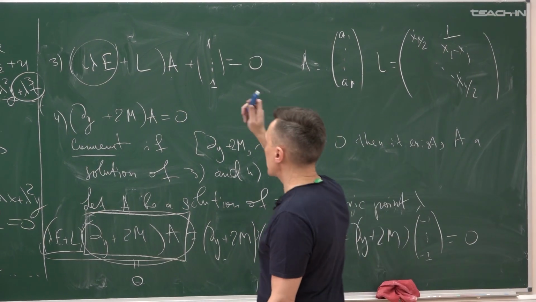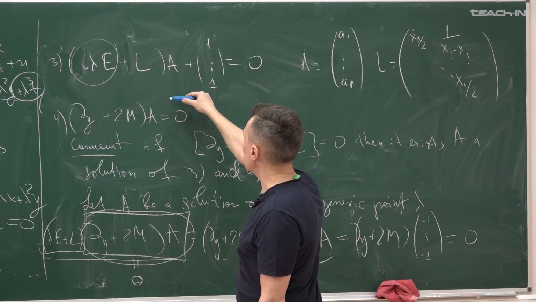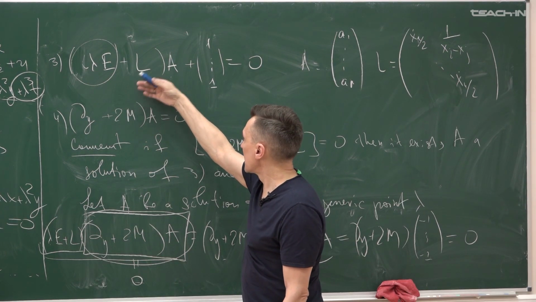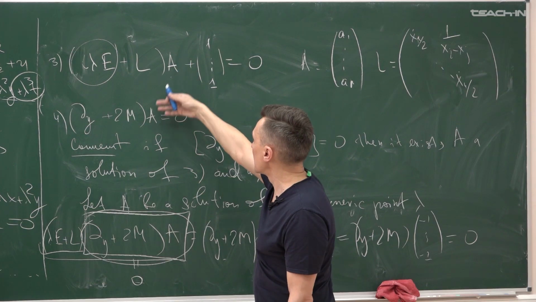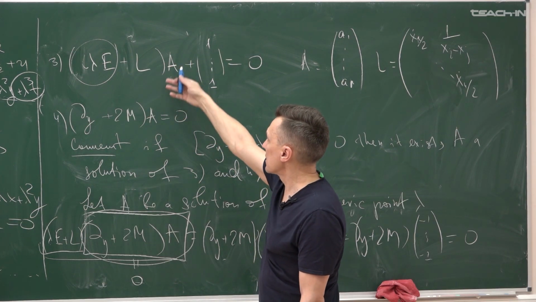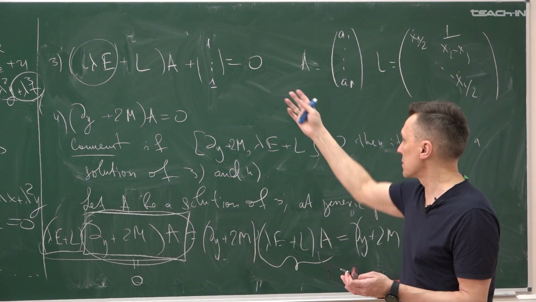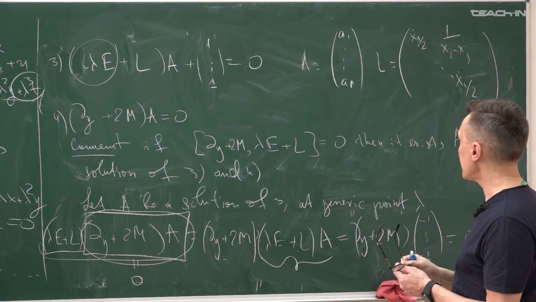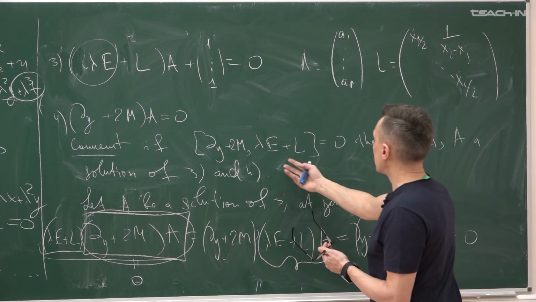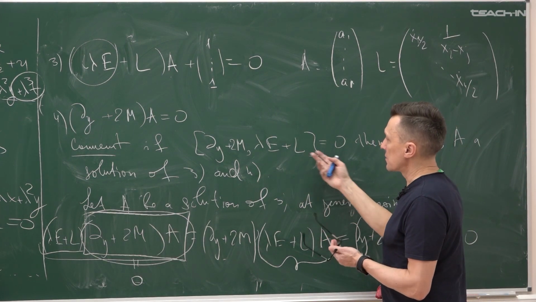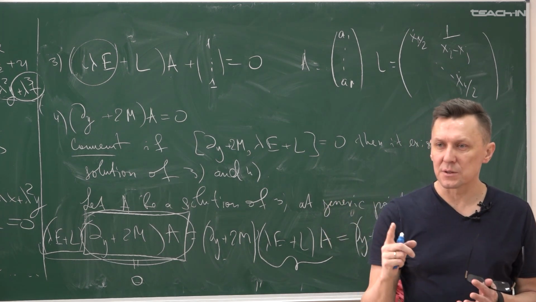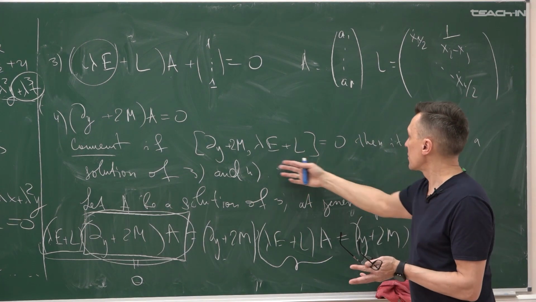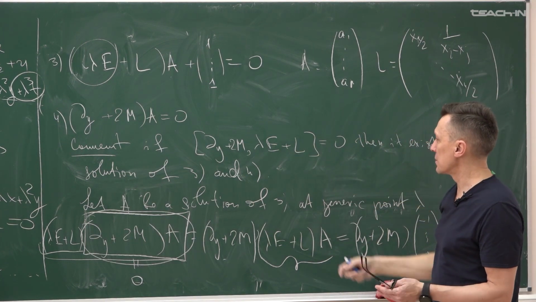But principally, the moral here is the following: if we have a large family of solutions, the existence of a large family of solutions of this system of linear equations is equivalent to this compatibility condition. It is very similar to the compatibility condition in the KP equation, but it is a different form.